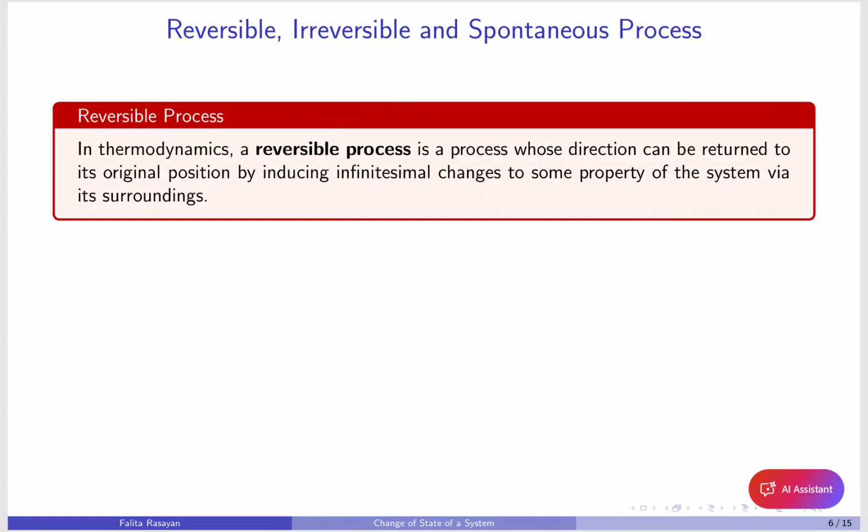That is, at a certain time, if we observe the process, we will see that no change is occurring. But there are changes occurring which we cannot detect. They are continuous infinitesimal changes that take the process from one state to another. And if we consider going back, we have to follow the same steps and go back to the initial state. And not only should the system come back to the initial state, the surroundings should also come back to their initial state if it is a reversible process.